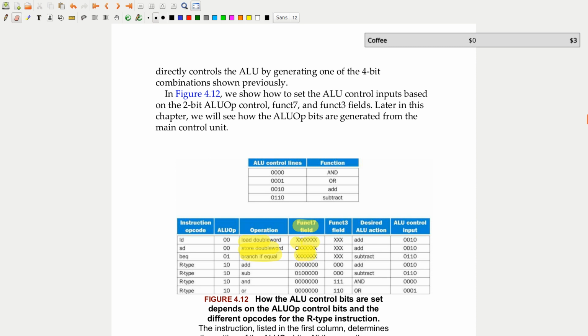But we see that for things such as add, sub, and, or, what these contents are actually matters. So this is typically something like an opcode. And what we mean by an opcode is this is going to determine what operation we're doing.